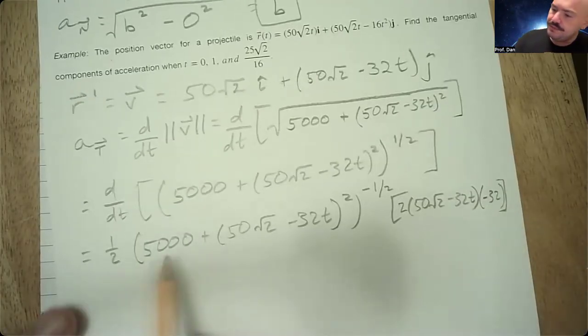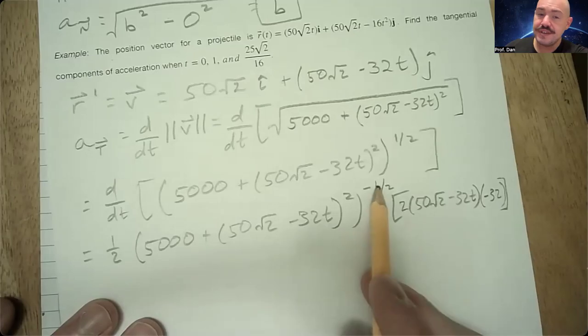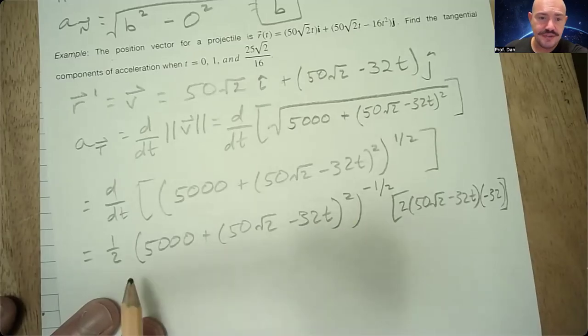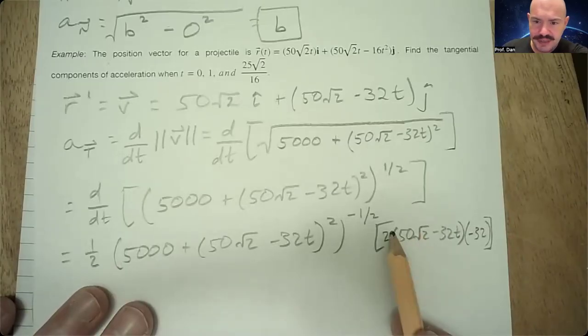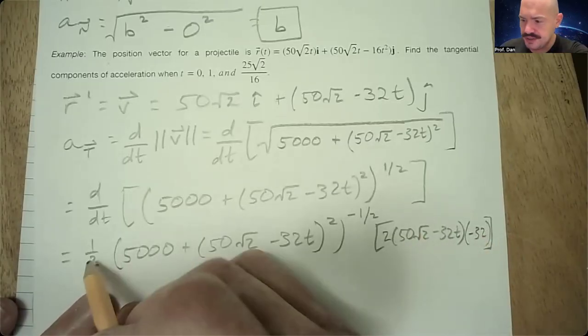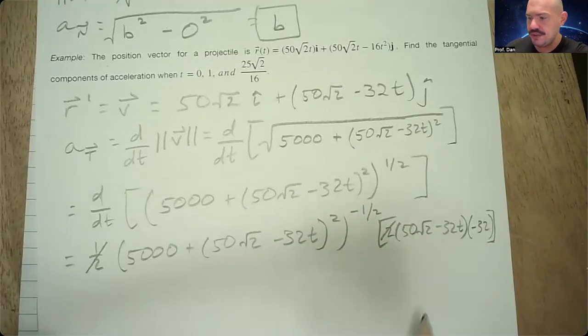Other thing to note, remember, this is raised to a power. You can't do anything with it. But I can multiply the 1/2 by this, and essentially it's just going to knock out that 2.